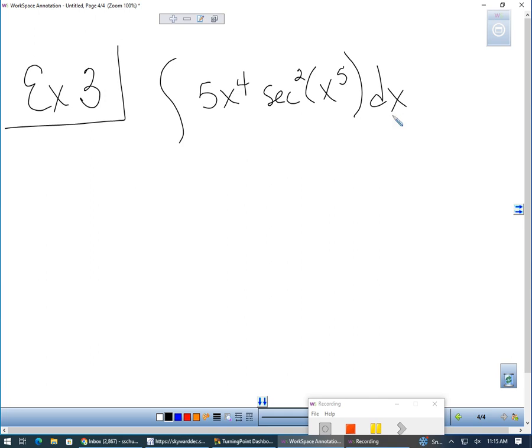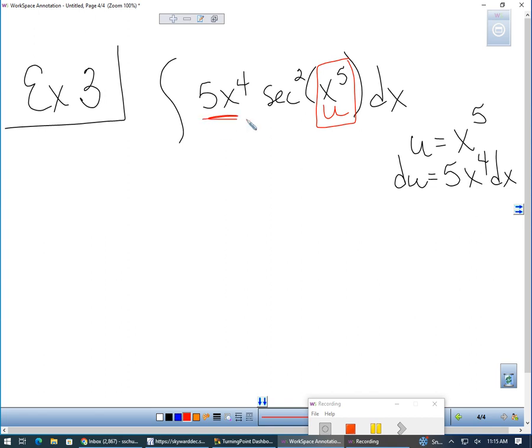So what's the innermost thing? That's what I want you guys to see. The innermost thing is x to the 5th, so u equals x to the 5th. That means my du is 5x to the 4th dx. So this is my u right here, and my 5x to the 4th and dx get to be the du.